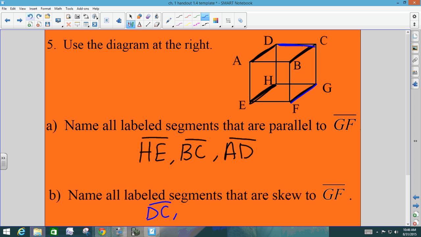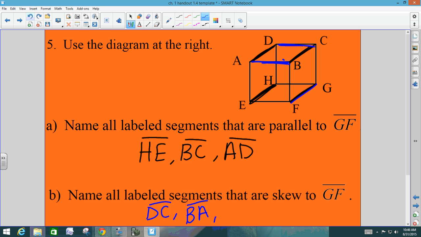Good. Would BA work? Right? Okay, because they're not parallel, but they don't intersect also. Okay, good. BA or AB, depending on however you chose to write it.